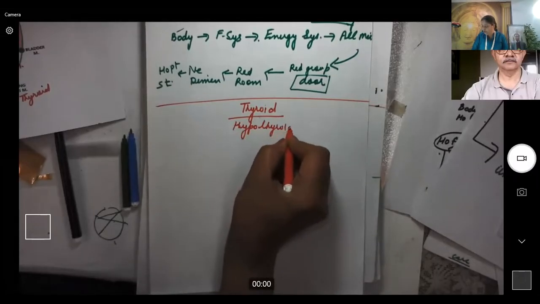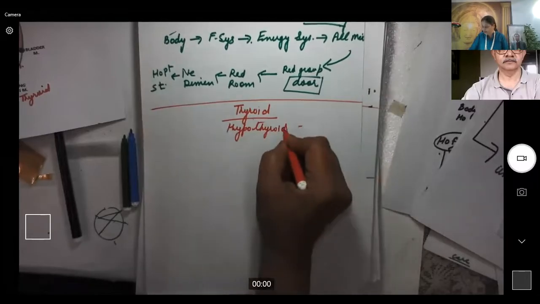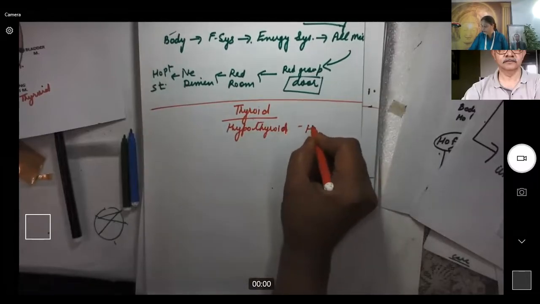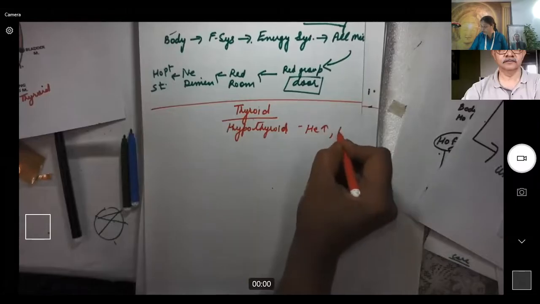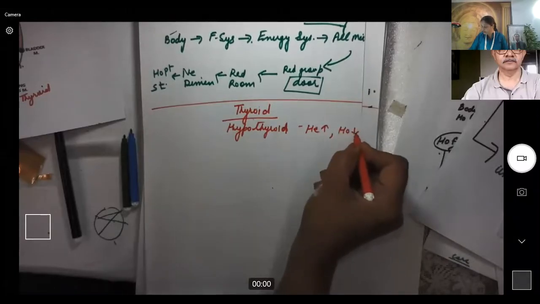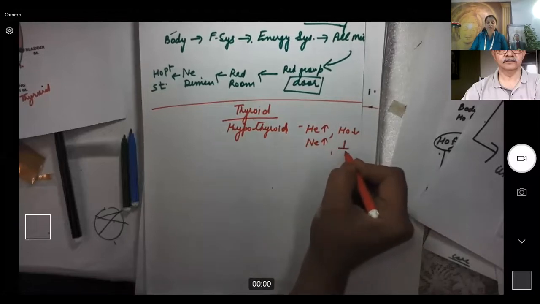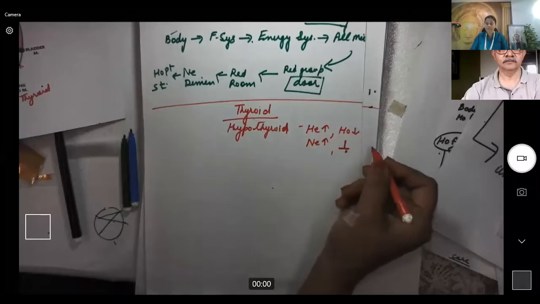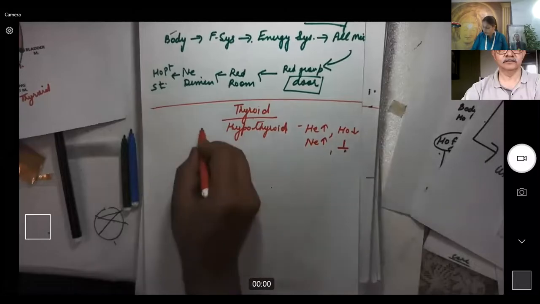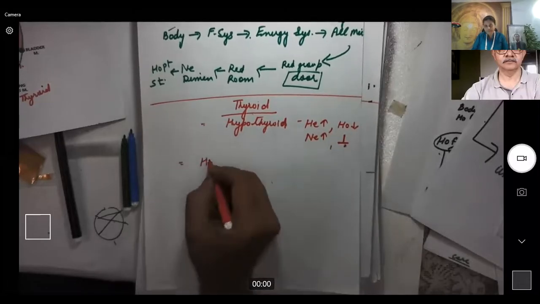In hypo, what are you doing? You are doing tonification: hetero tonification, homo sedation, neutro always tonification, and you inform. So this pattern is like a perpendicular needle for informing or informing the higher. Okay. Now, and hyperthyroid.